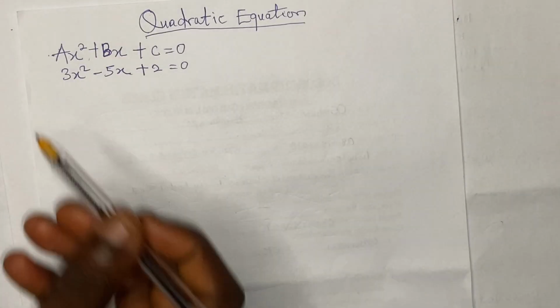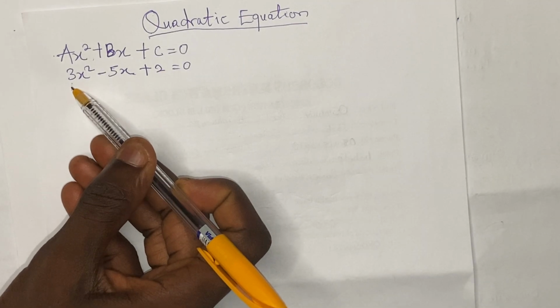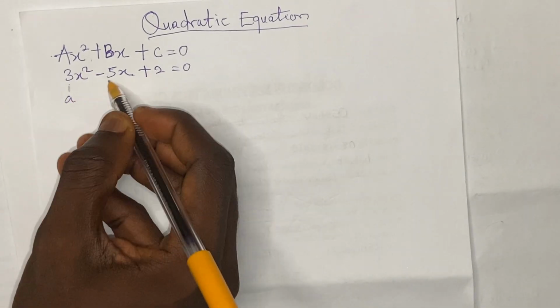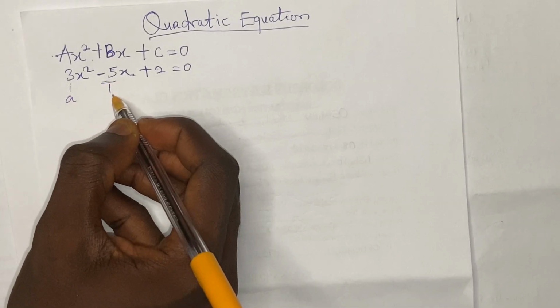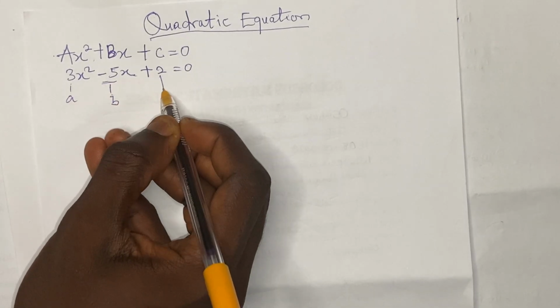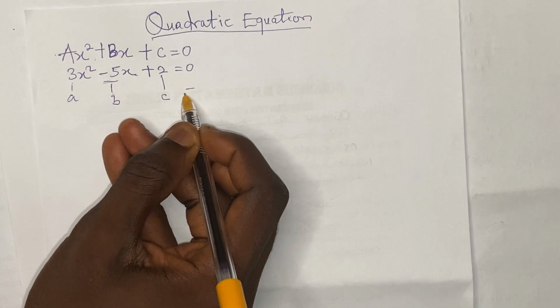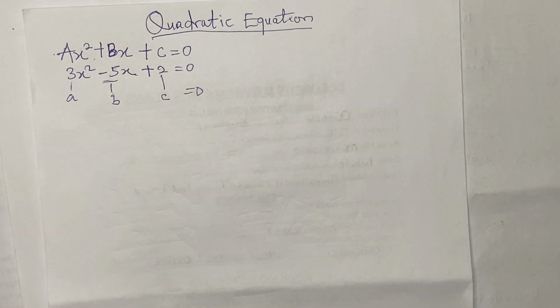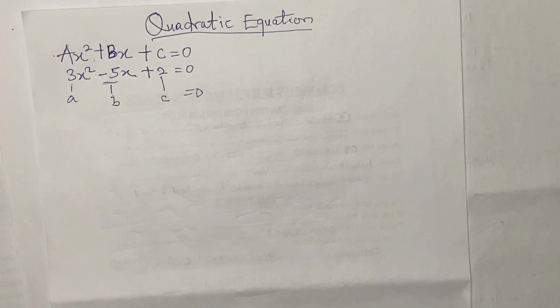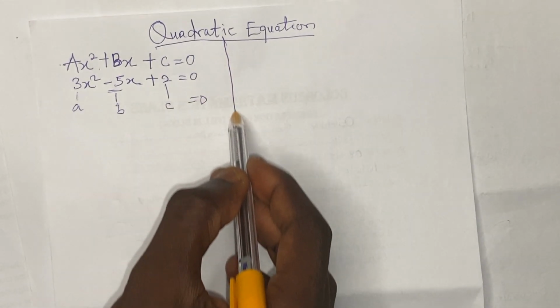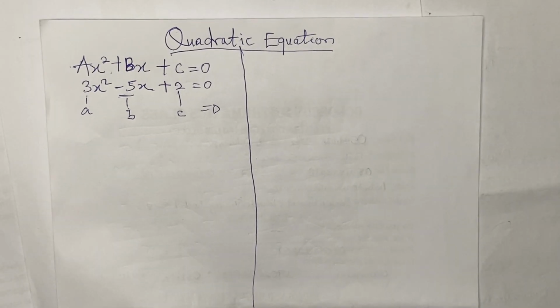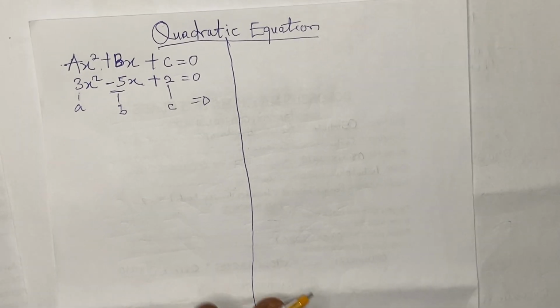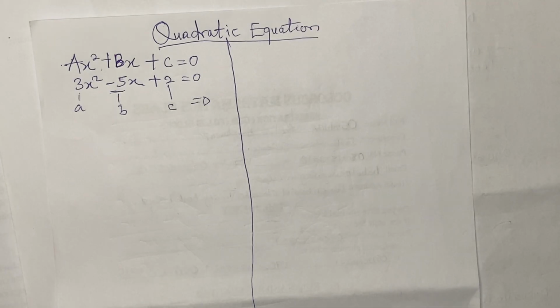This is our a. Everything here is our b, and everything here is our c, equal to 0. When we want to deal with the formula method, you will see how I'm going to handle an expression like this. Are you following now? So we are going to be seeing examples of how you solve a quadratic equation.